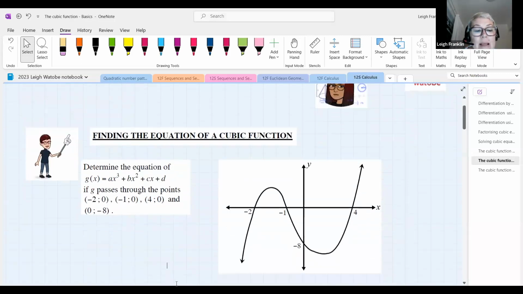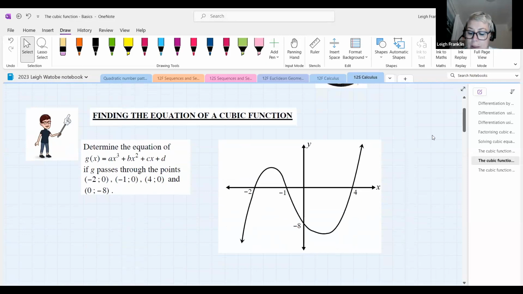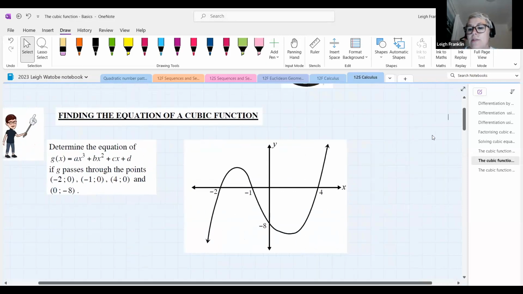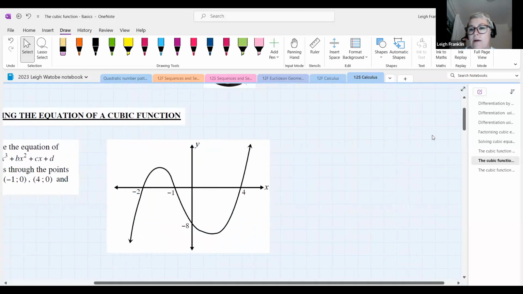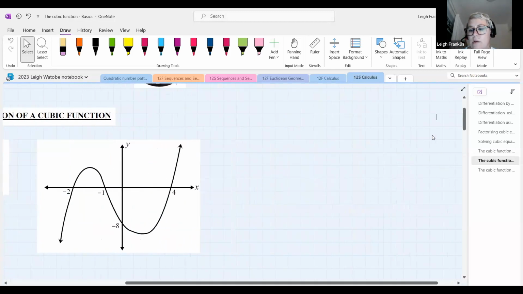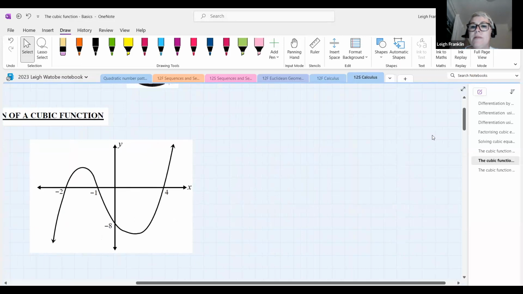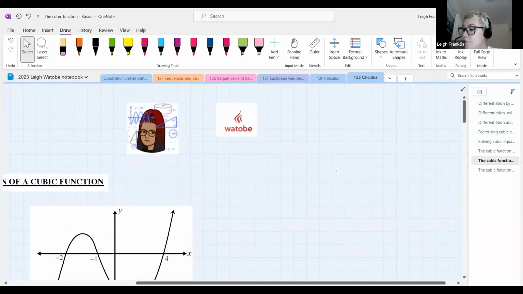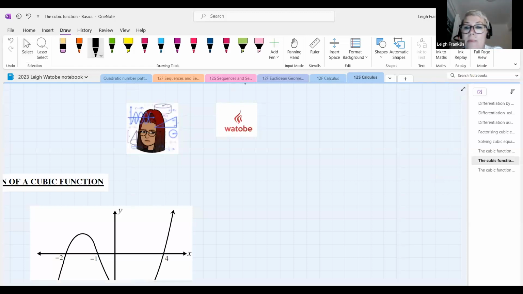All right. And it really has its roots back in the parabola. Okay. So let's just scooch over to the side here and just go up a little bit. Do you remember in grade 11, you were asked to find the equation of a parabola?